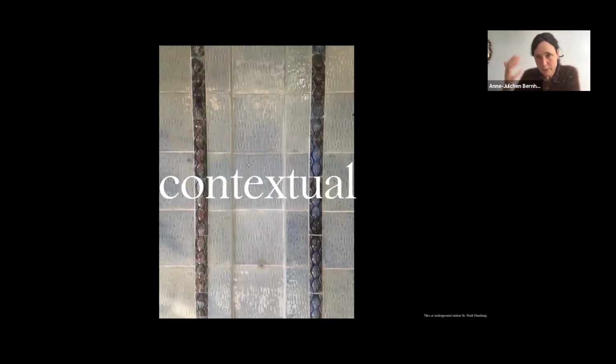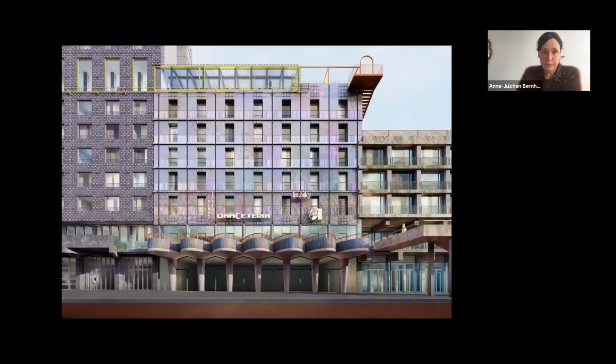And they are also quite contextual, because some of the buildings in St. Pauli are covered with tiles, and also the underground station just a few meters away from our building is made out of quite beautiful tiles from the beginning of the 20th century.